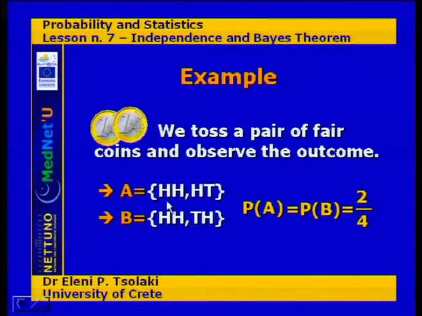Event A consists of 2 elements. We have the probability of A, it's 2 out of 4. And the probability of B, again 2 out of 4. 2 elements out of 4 from the sample space.